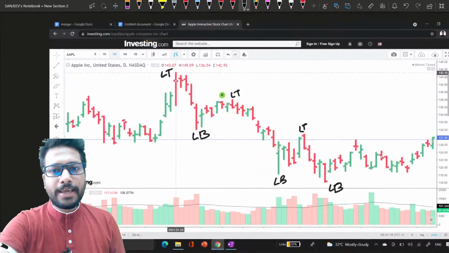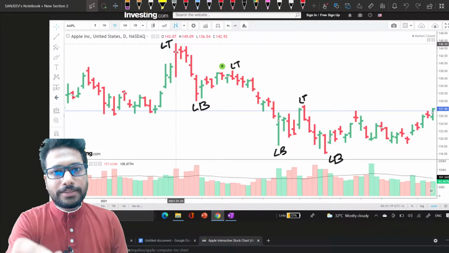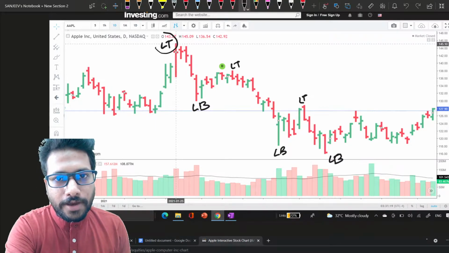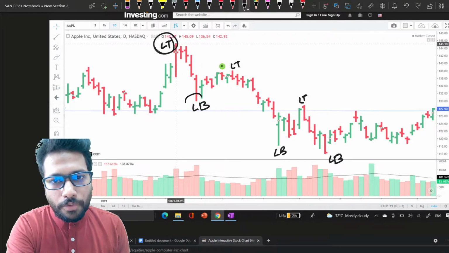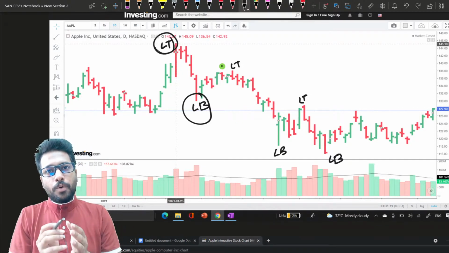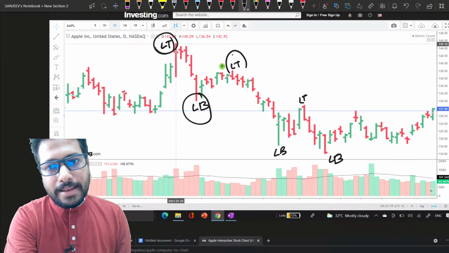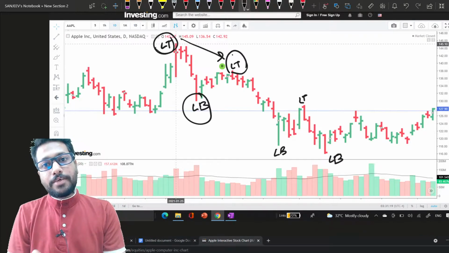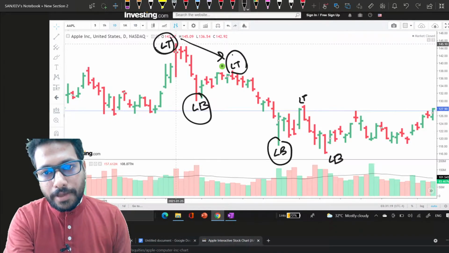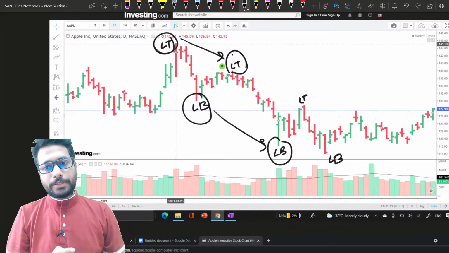So in case of a downward trend, you will see that there is one lower top and the next one is a lower bottom. Now the next lower top will be comparatively less as compared to the earlier lower top, and the next lower bottom will be less compared to the last lower bottom.